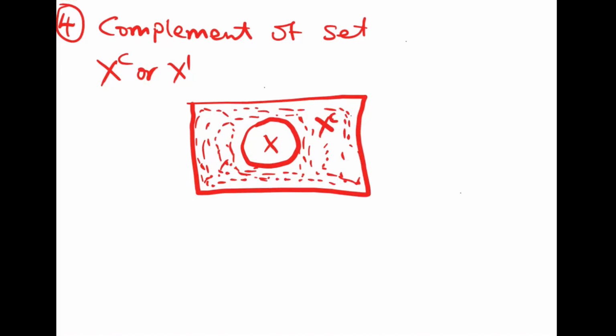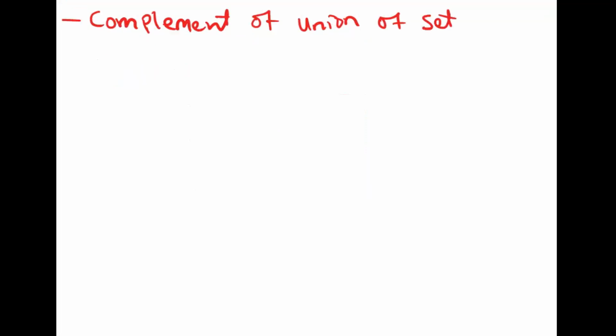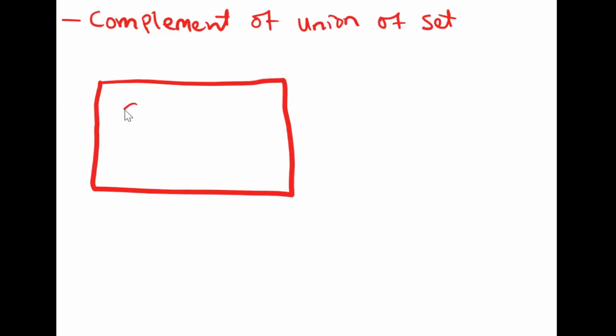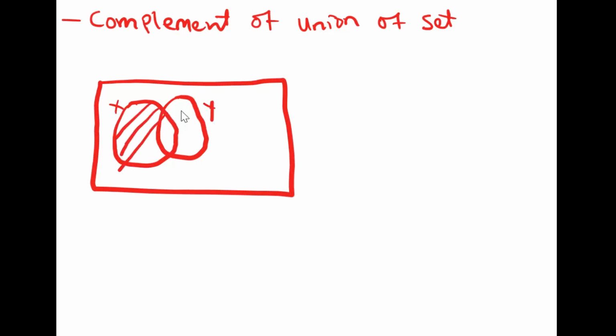This complement of a set is applicable in union, intersection, and differences of sets. Complement of union of sets. We've explained that X union Y is represented as this. We have this to be our X and this is Y. It is represented within the shaded parts.